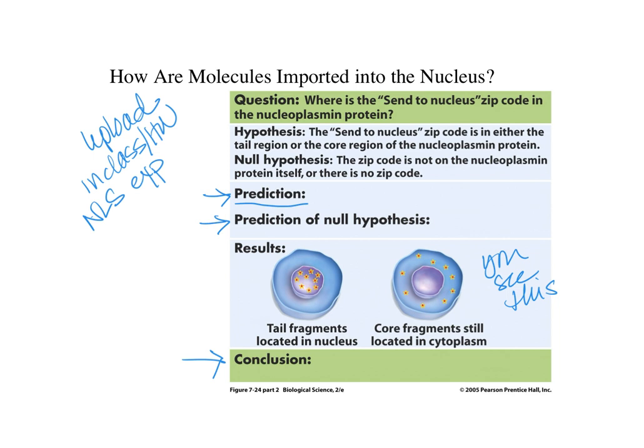Okay, what do you think? Well, based on what we found, it looks like the tail fragments went in, and the core fragments are in the cytoplasm, not in. So my prediction was right.